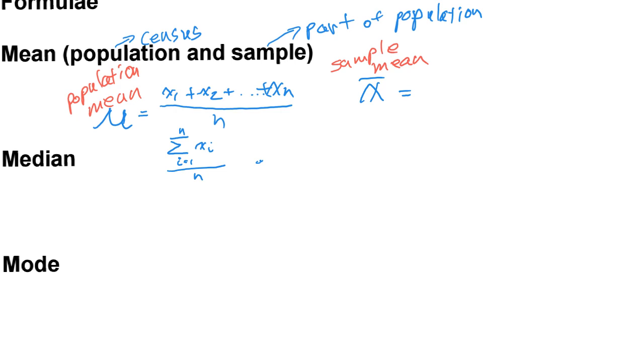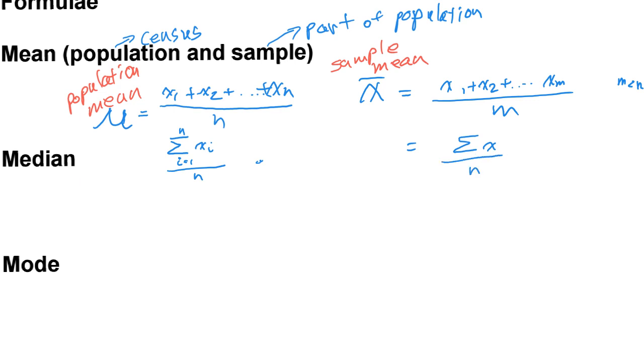And when we do that, it's exactly the same, except it's x1 plus x2 all the way to x to the m, where m is less than the n value of the population, divided by m. And in sigma notation, we don't have to put the xi, just write sigma x for anything in the set over n.